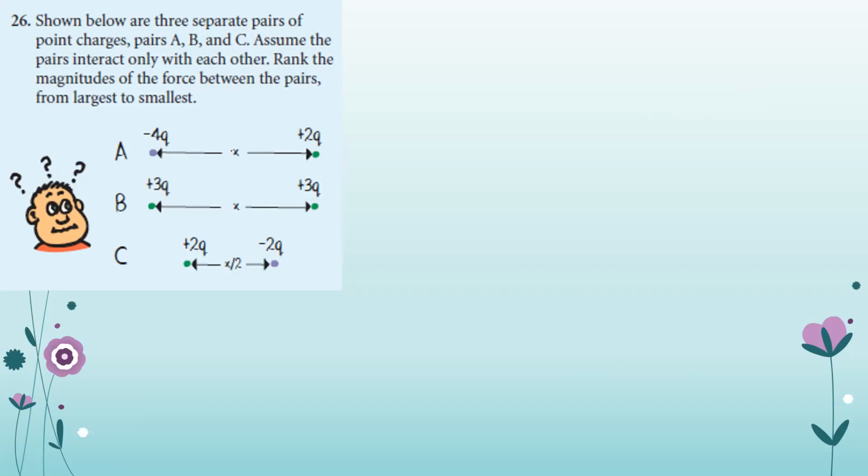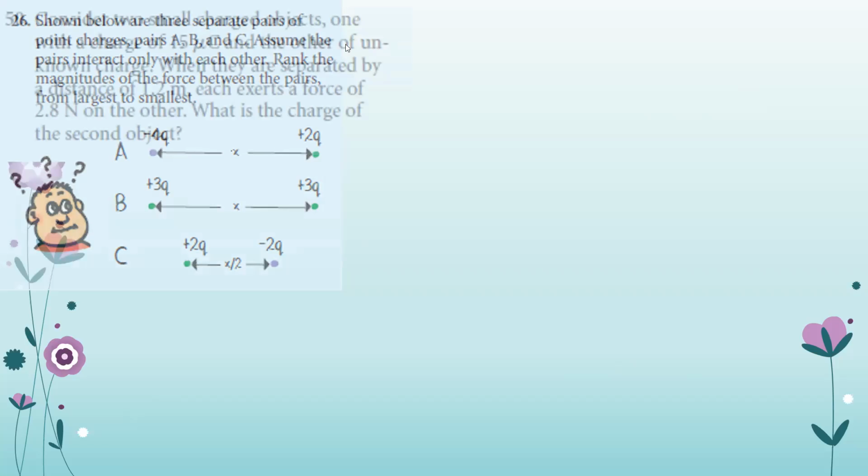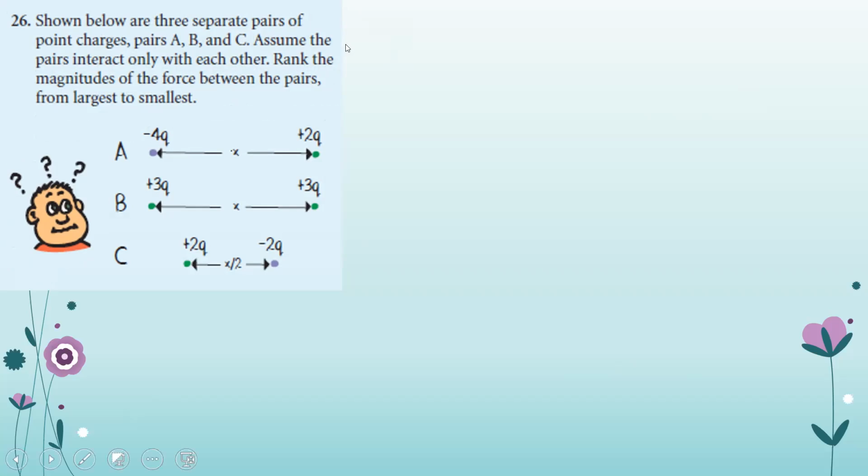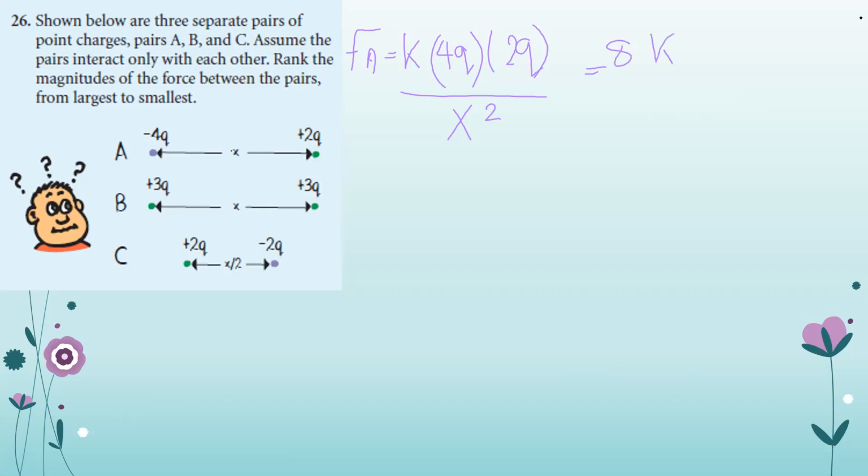Let's find first the force of A. Force of A here is K times Q1, which is 4Q, times 2Q, the second charge, over the distance between them, which is X squared. So 4 times 2 is 8, 8 K Q1 Q2 over X squared.